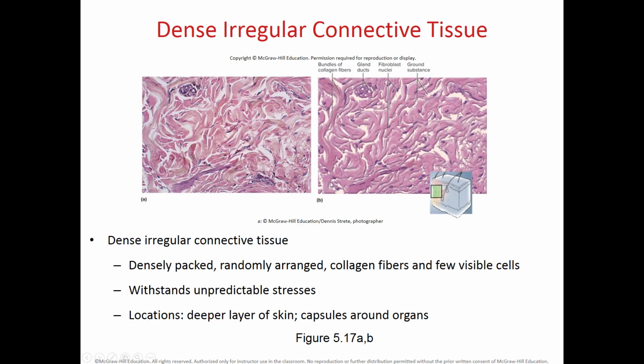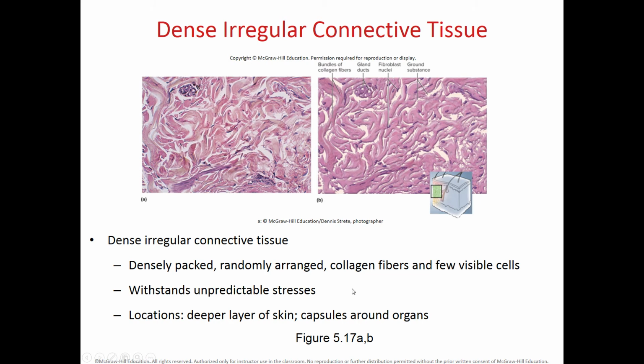Dense irregular connective tissue, like in this case, is densely packed, randomly arranged, and the collagen fibers are disorganized and you have few visible cells. Like in the case of this fibroblast in here, you have much more presence of ground substance, and then you have these disorganized collagen fibers.